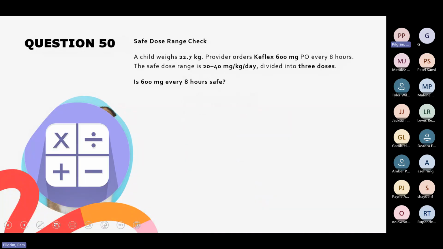All right, so there's a math question up here. I'll give you guys a few minutes to solve the math, and then we'll look at that.